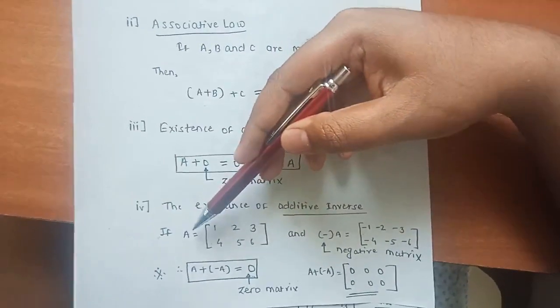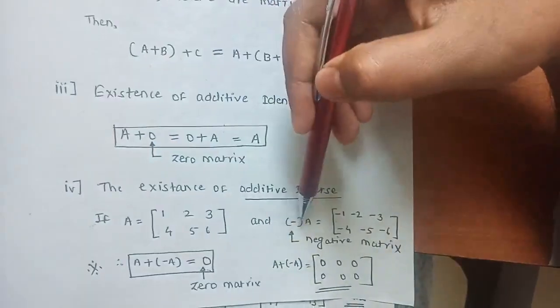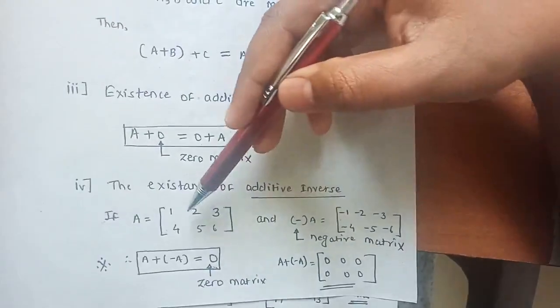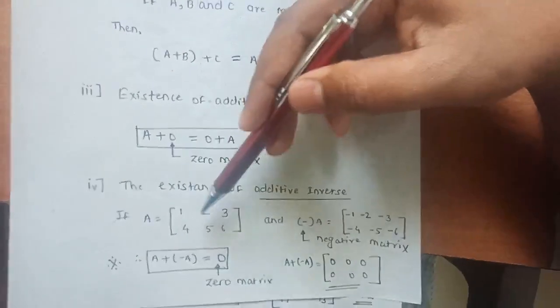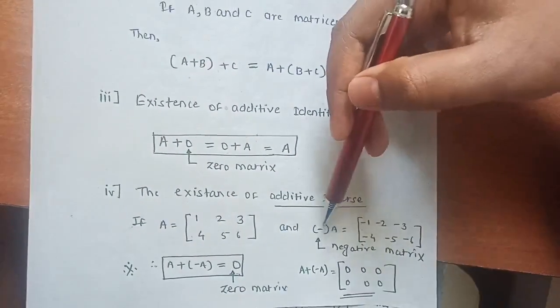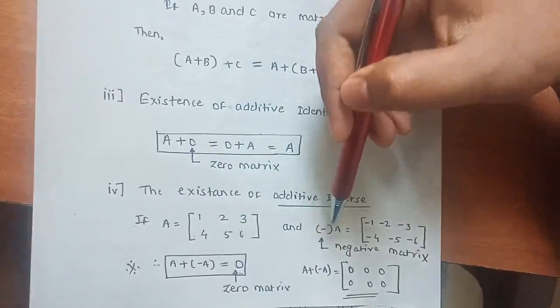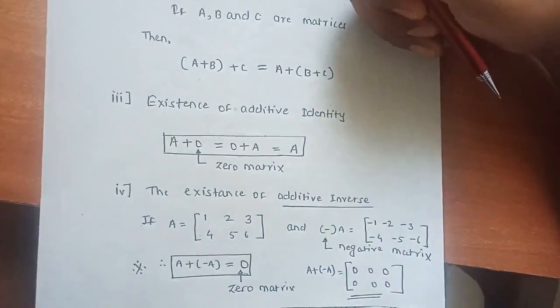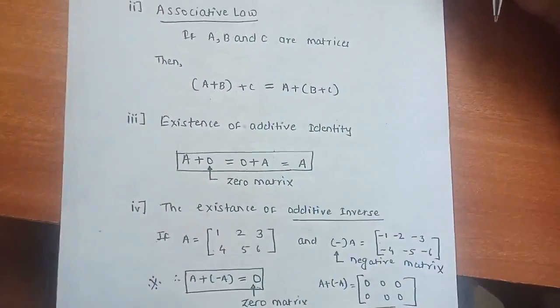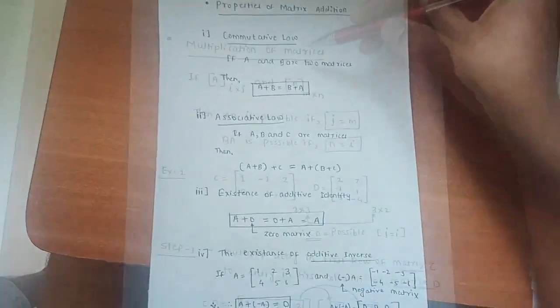This is matrix A, and this is the negative matrix of A. That means the signs of all elements of matrix A become negative, which is why it is called the negative matrix. So if I add a matrix and its negative, the answer is going to be the zero matrix. Such a property is called the existence of additive inverse.